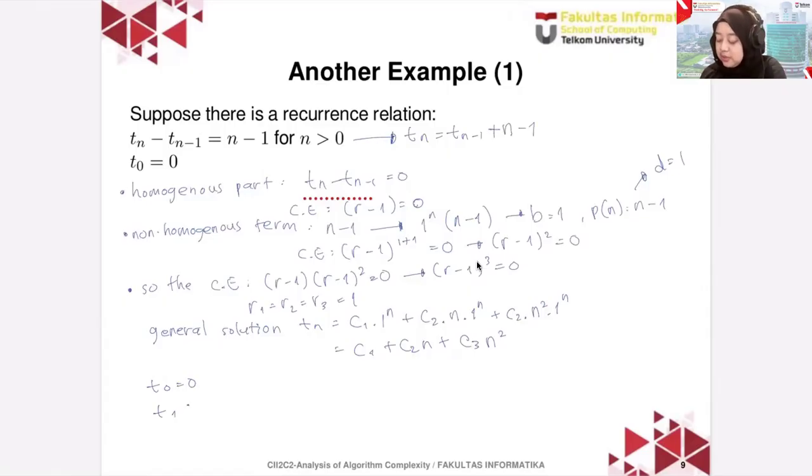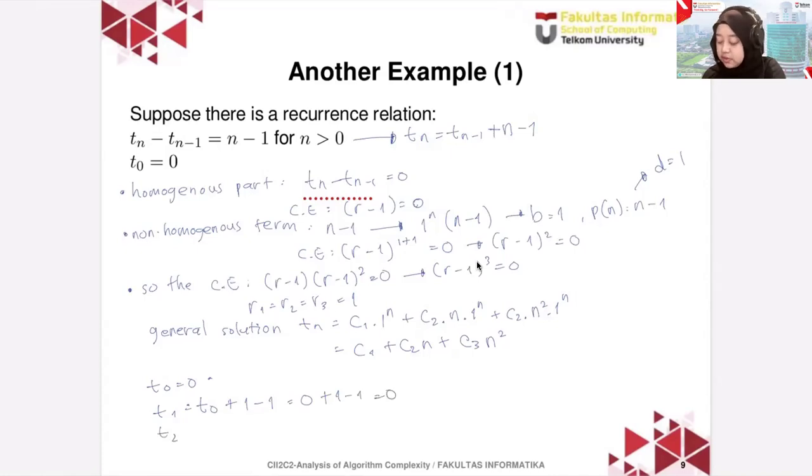So T1 will be equal to T0 plus 1 minus 1. So we just substitute 1 for n here, where T0 is equal to 0 from here. So we will have another 0.